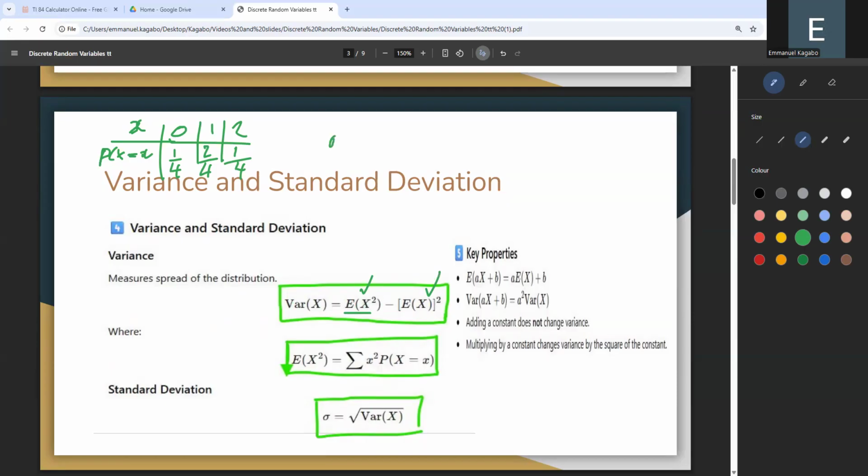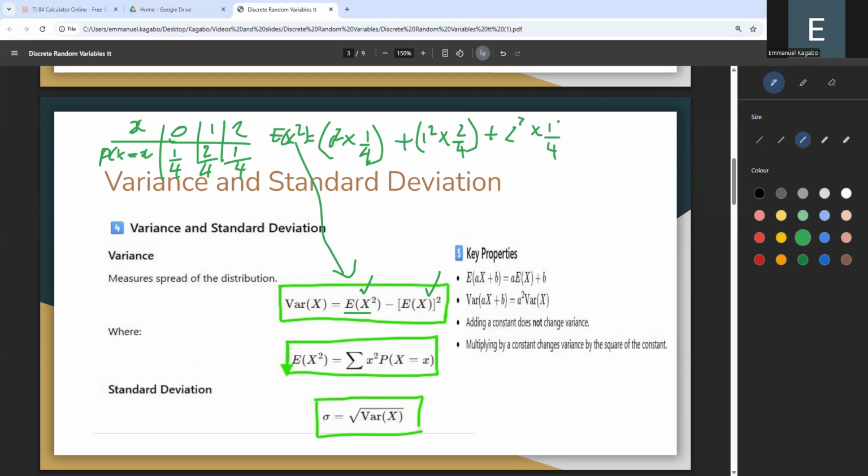So it's going to be 0 squared times the probability of that, which is 1/4, plus the next x value, 1 squared times the probability of 1, which is 2/4. Do you get that? Plus 2 squared times the probability of that.